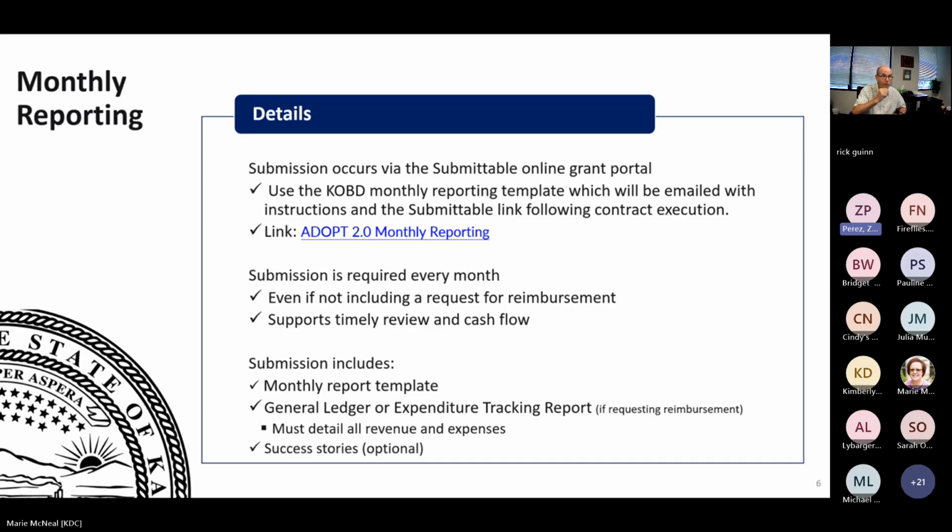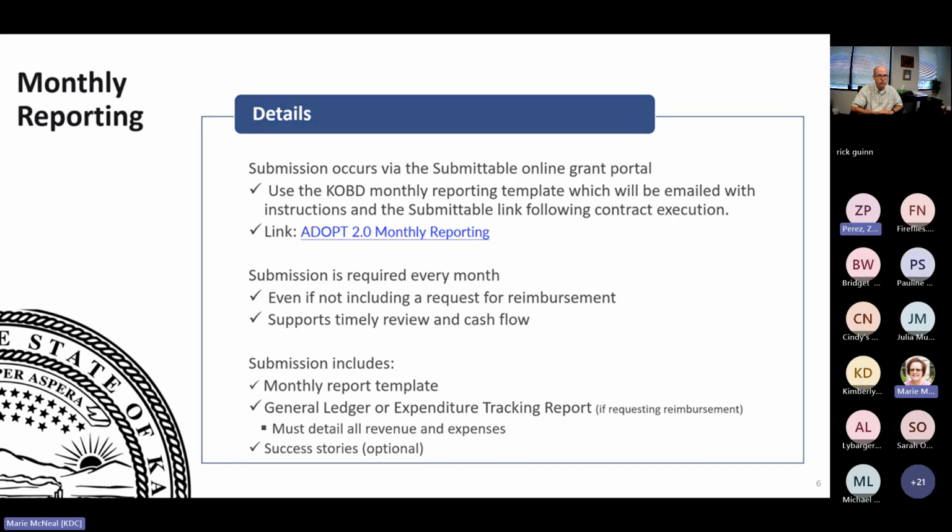The general ledger, if you decide to include it with your submission, should contain all the information that we are looking for in that monthly reporting expenditure tab, which again, we'll go into further detail at the end. The general ledger should include all the details as far as revenue and expenses, because we want to see those expenses and how they're being coded, and of course, any success stories.